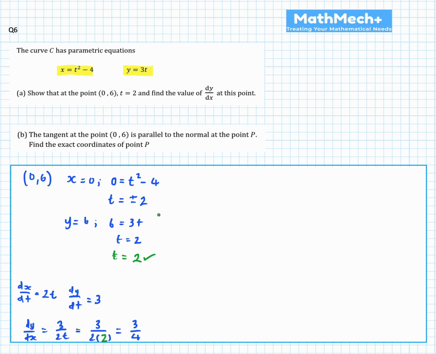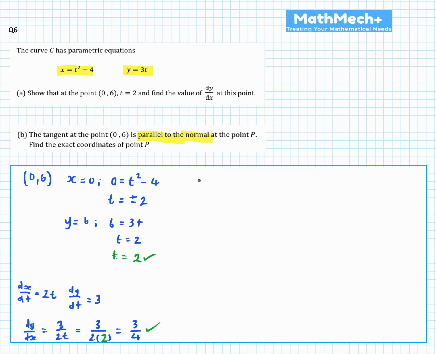So from there we have more details. We have to look at a tangent at that point, which is parallel to the normal at point P, and find the coordinates at that point. So the gradient of the tangent is 3 over 4. Okay, looking for the gradient of the normal.